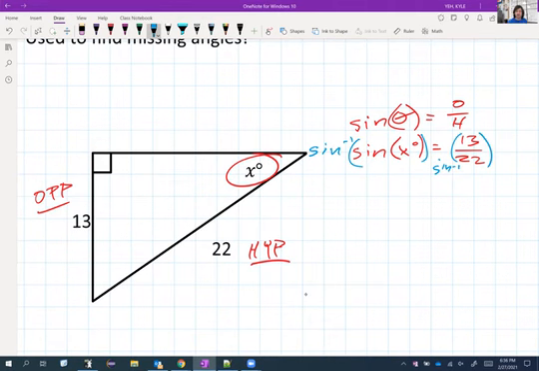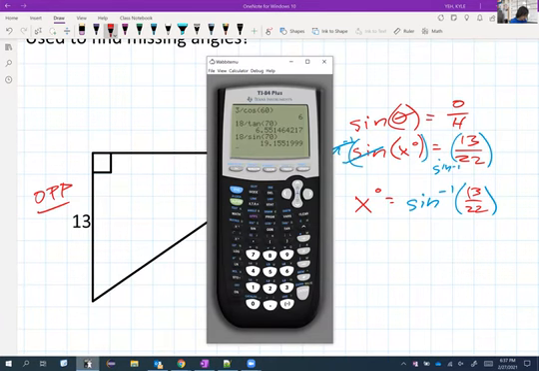Because what do you think happens on that left-hand side? Inverse sine of sine, they cancel each other out. And so we're going to be left with x degrees equals inverse sine of 13 over 22. And that's where we can pop over to our calculator. If you hit the second functionality and then press sine, right above sine, you should see a little sine with a -1.